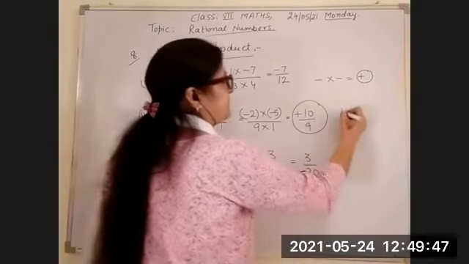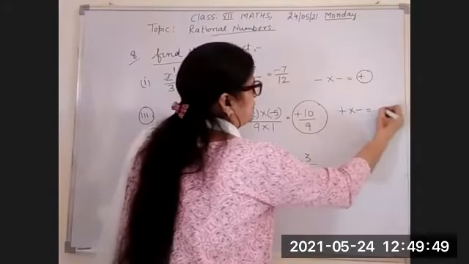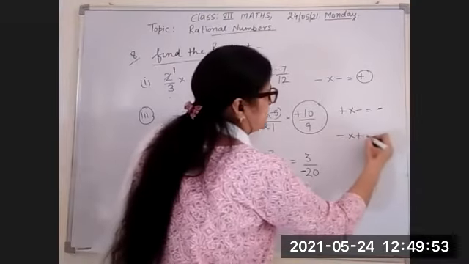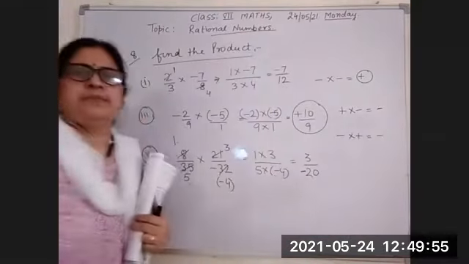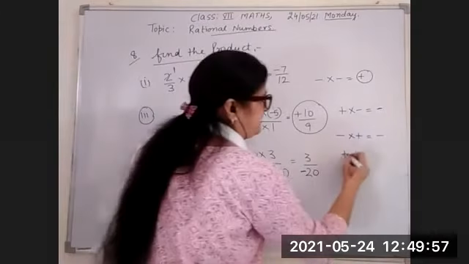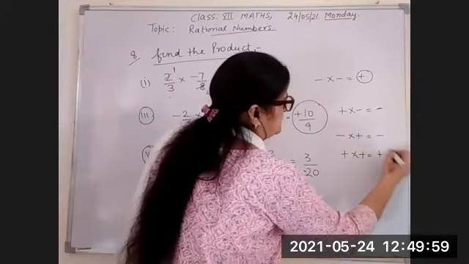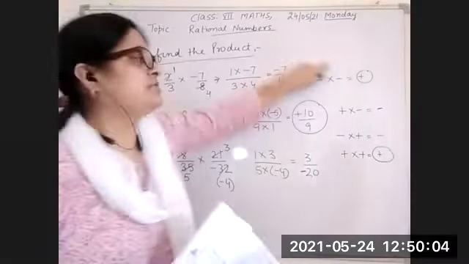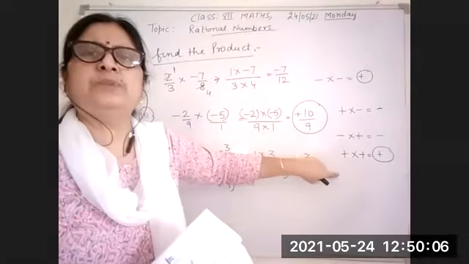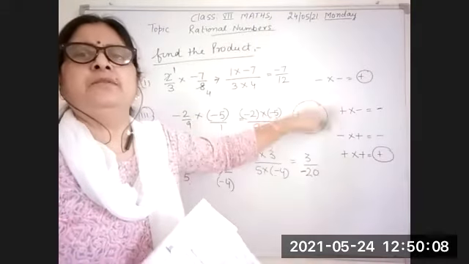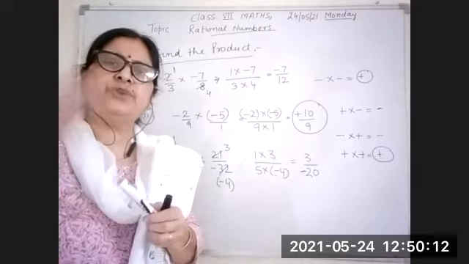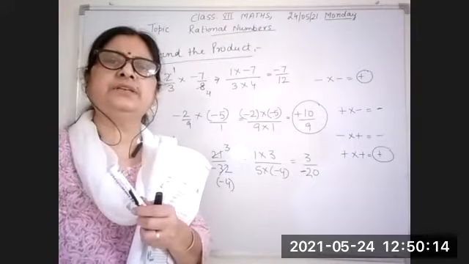When you multiply plus with minus, you get the negative sign. And if you multiply minus with plus, you also get the minus sign. And when you multiply plus with plus, you get the positive sign. You note down these signs also: plus with minus, minus with plus, positive with positive, and negative with negative.